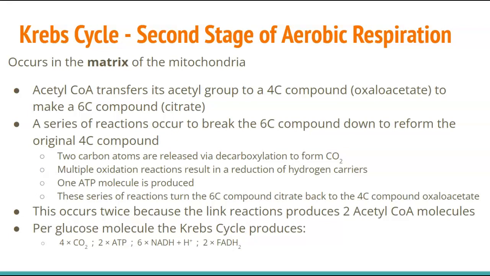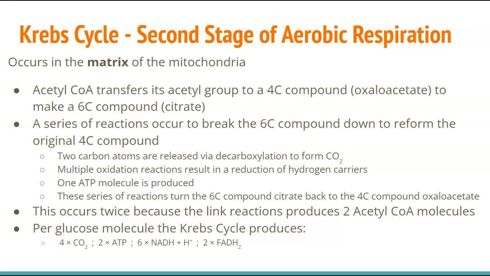It does a lot of small steps to break things down, to get a lot of items like those electron carriers, those taxis. And we do this because it's easier on the energy output. So as you're going through these reactions to break down the 6C compound, you are getting 2 carbon atoms released, and that forms CO2.